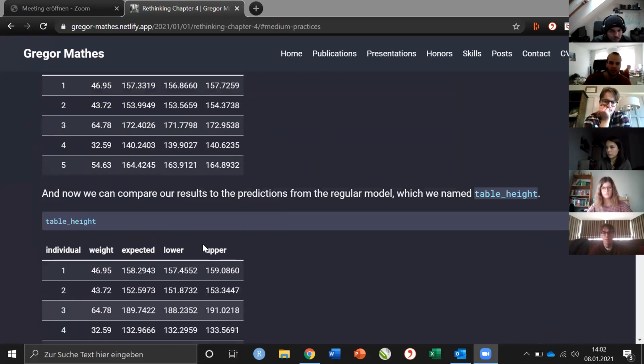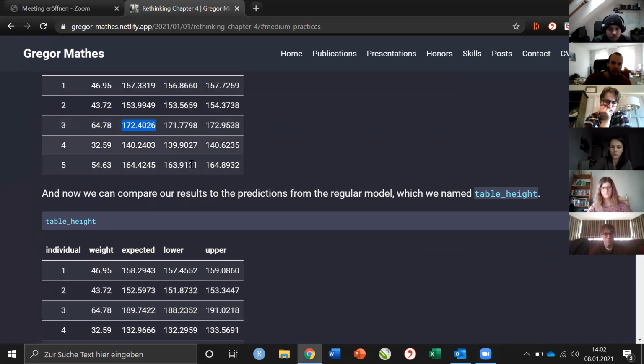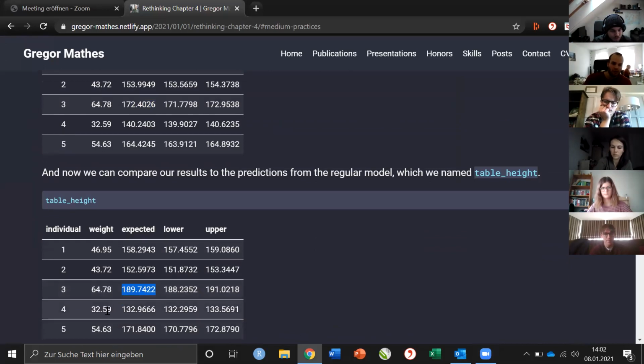And you can actually see that where individuals have especially high weight, for example, individual 3, there's a big difference in the predictions for the height. The same for low weights, which makes sense. So this is edge cases, and I think we'll get into these in just a second on the next question. Yeah.